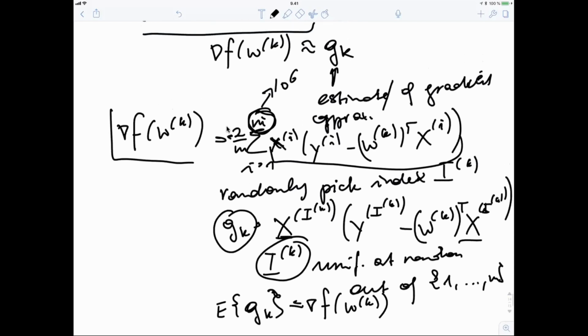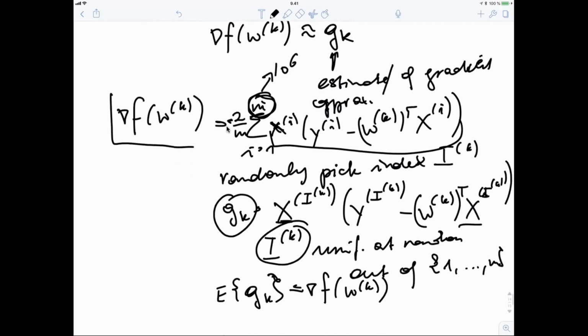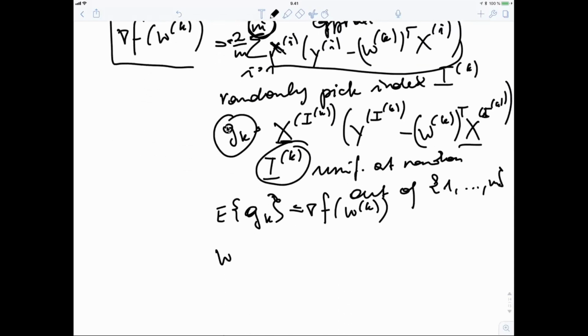Okay, so in stochastic gradient descent, we use again a gradient step, but instead of the gradient, we use the estimate for the gradient. And we can interpret this as a form of perturbed gradient descent.